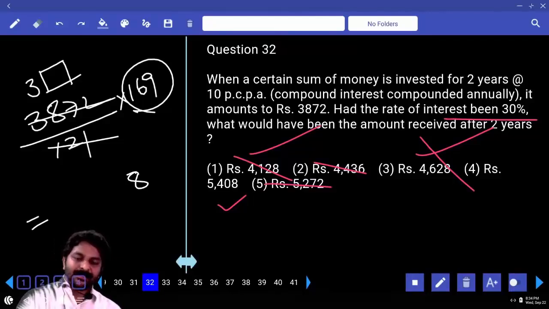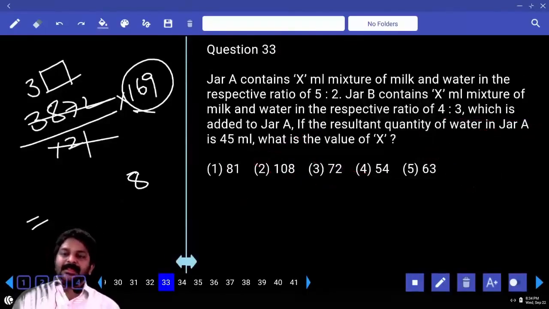Okay. Next. Jar A contains a mixture of milk and water in the respective ratio 5:2. Jar B contains the same content, a mixture of milk and water in the respective ratio 4:3. X ml of Jar B is added to jar A. If the resultant quantity of water in jar A is 45 ml, what is the value of X? So X is divided into what particular ratio?